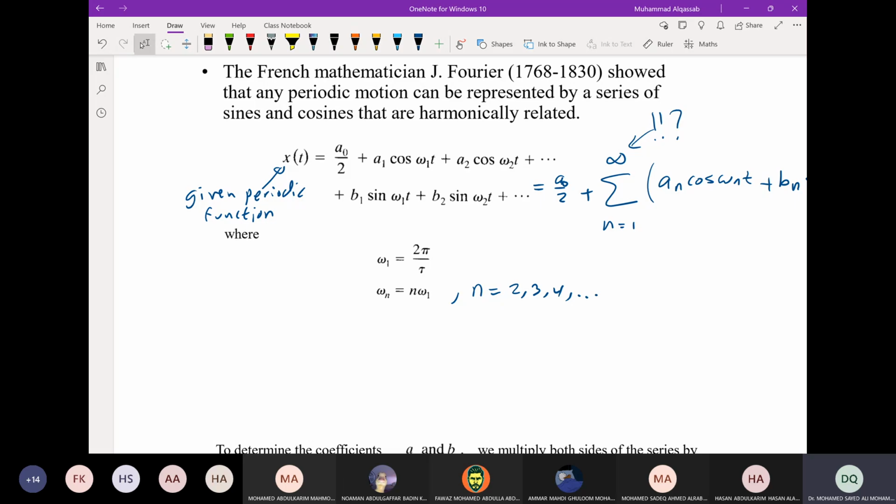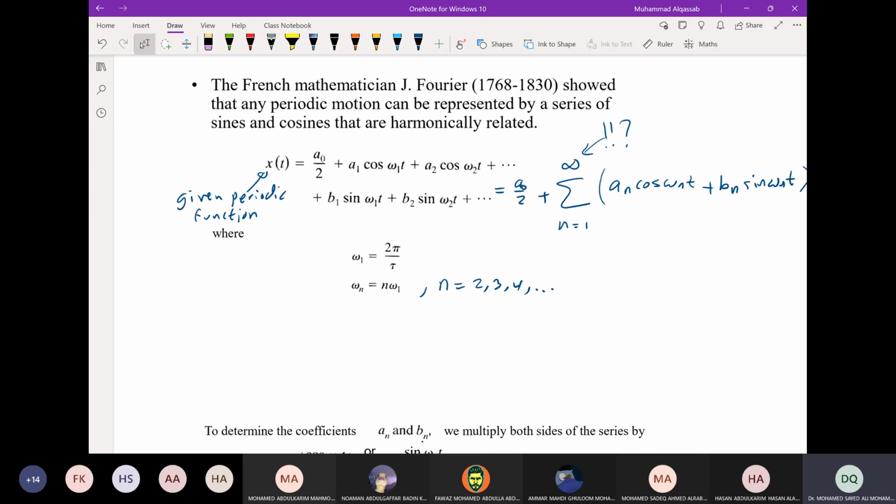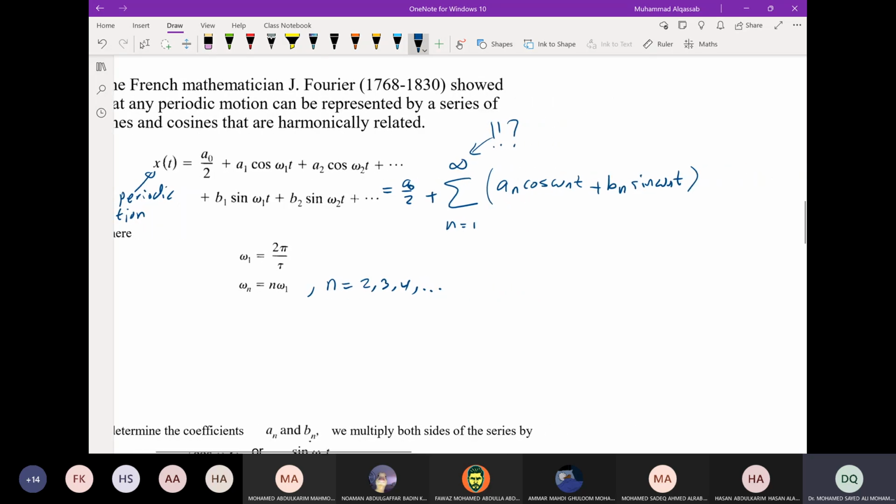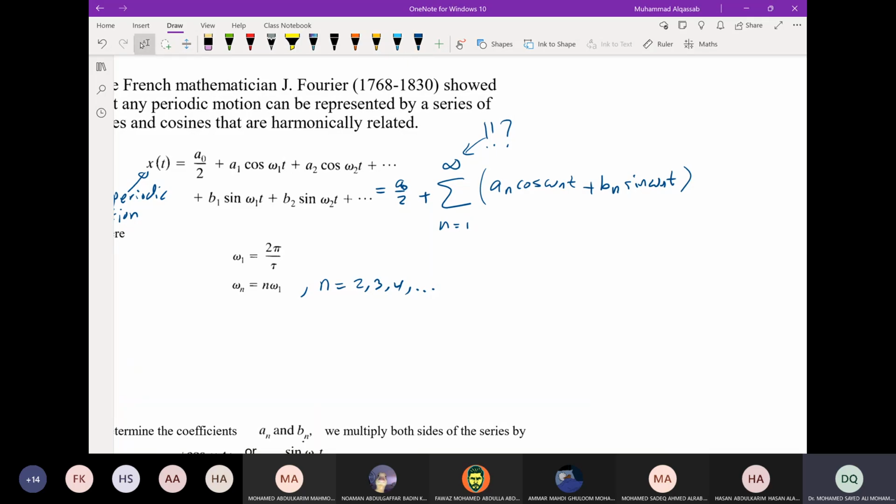Okay, so what are the unknown things in the series? Of course, x is the given. Omega 1 is given based on the given value of tau, or you can calculate omega 1 based on the given value of tau. And then omega n is equal to n times omega 1. So the unknowns are the coefficients of the series.